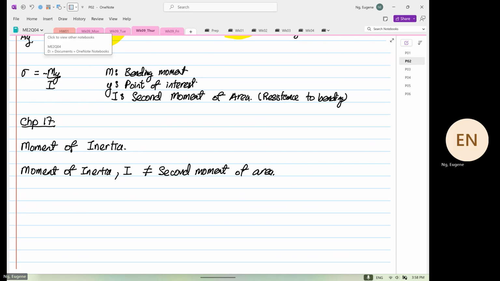It's not the same. Why? If we look at units, one is kilogram meter squared, and the second moment of area, the units is meter 4. So they are not the same thing at all.